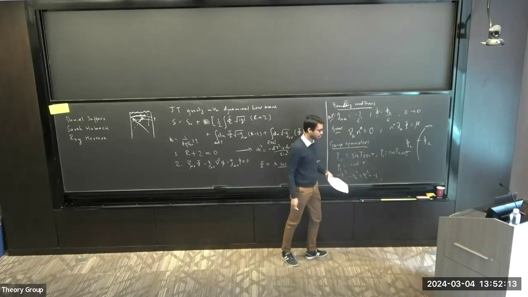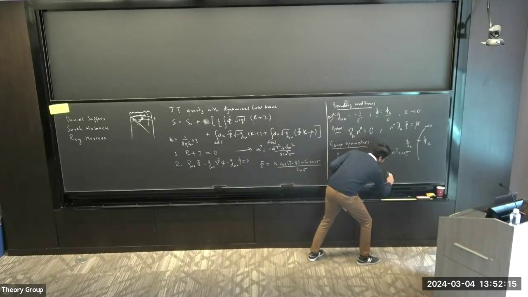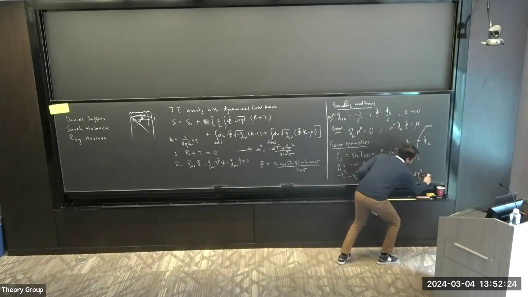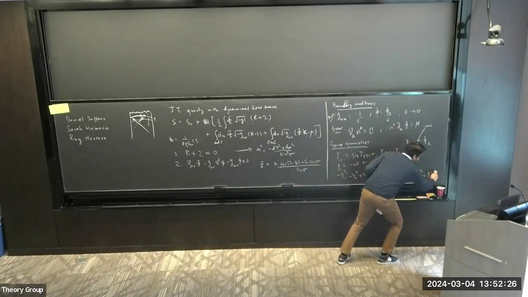The metric in the embedding space would be minus dy minus 1 squared minus dy0 squared plus dy1 squared.